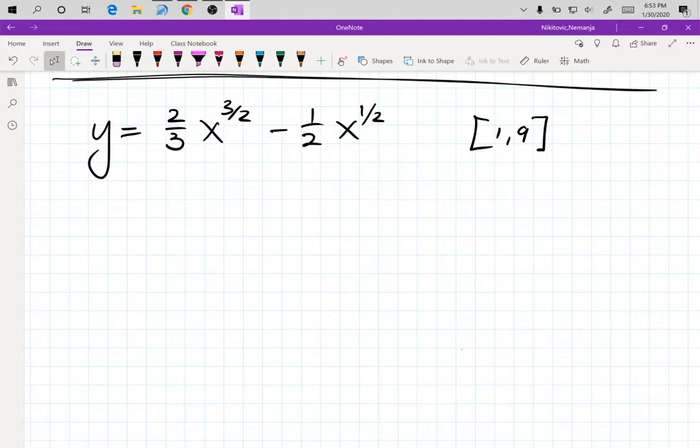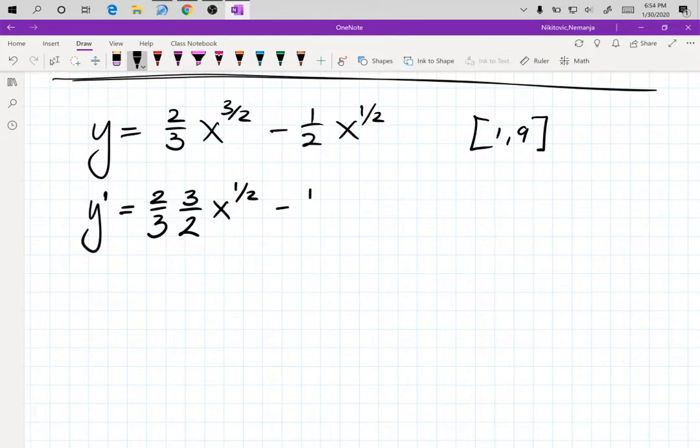First order of business, as always, take the derivative because that's what you stick inside the formula. So, y prime is, copy the constant, then you drop 3/2 down, x to the 1/2, minus 1/2, drop the 1/2 down, and then x to the negative 1/2.